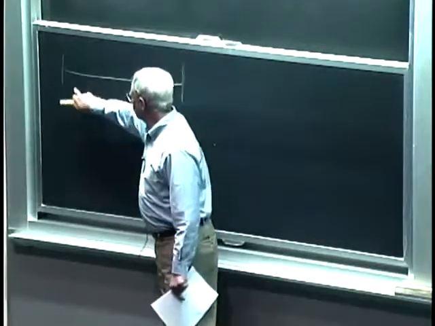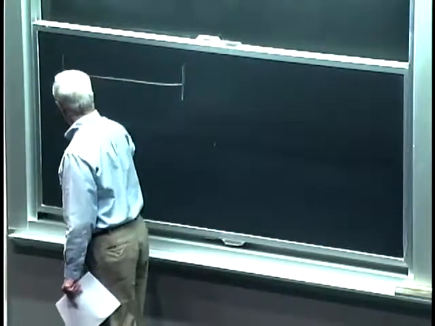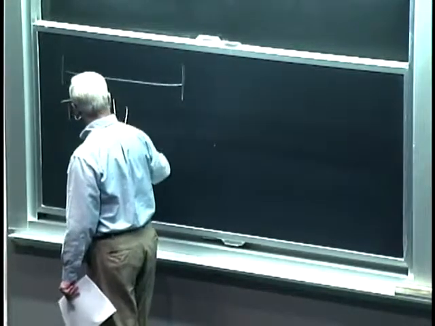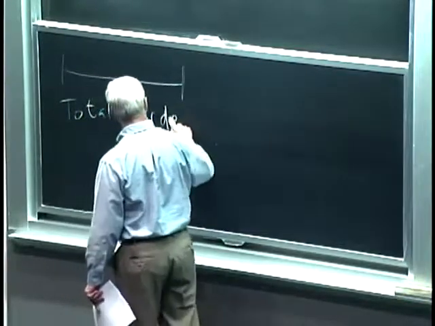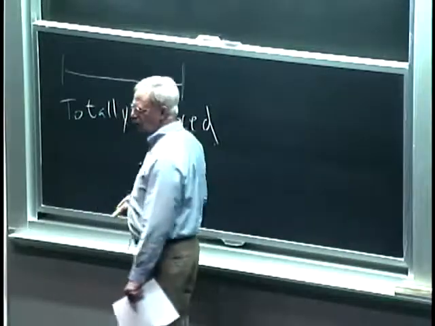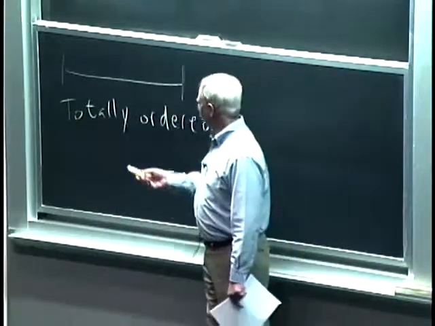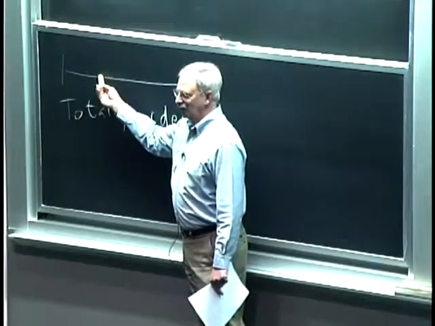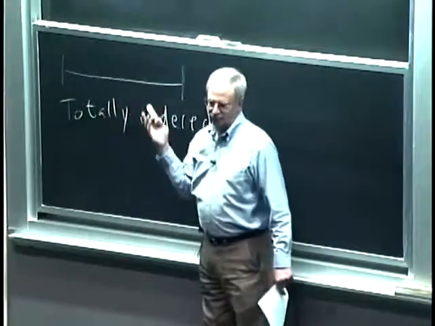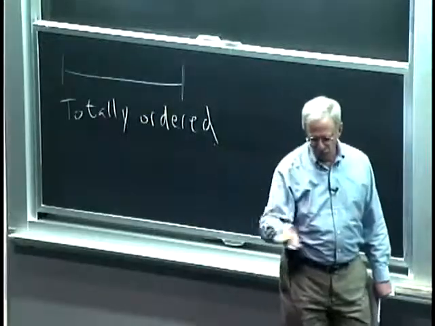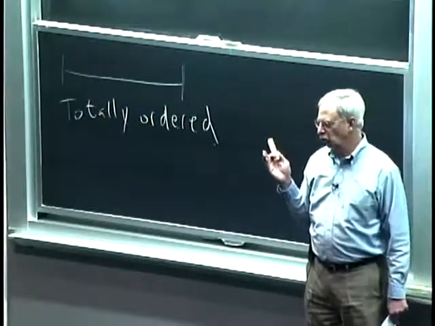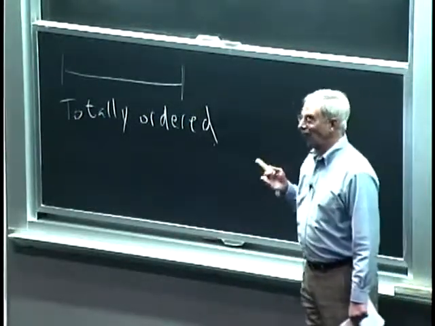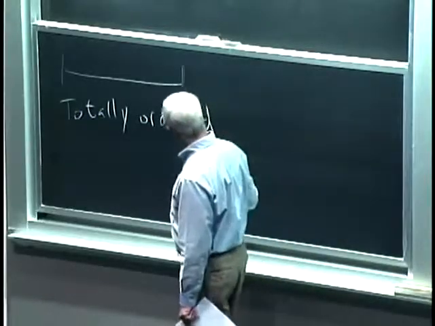The line is totally ordered. And what that means is that anything here is smaller than anything to its right. So the integers are totally ordered, the reals are totally ordered, the rationals are totally ordered.